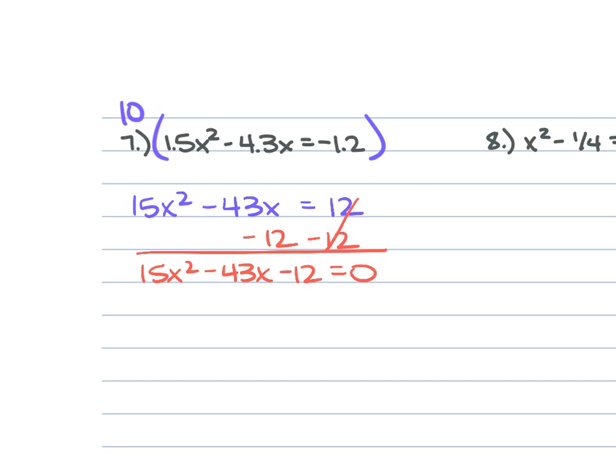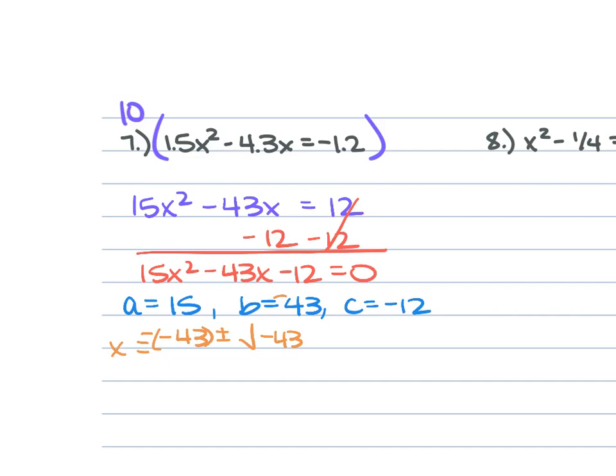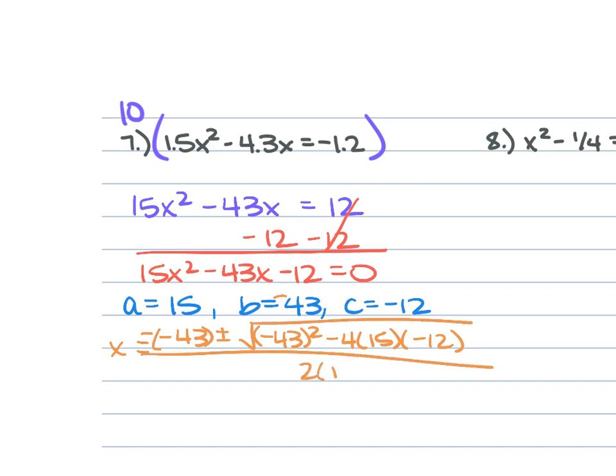And I'm going to use my quadratic formula. So a is 15, b is negative 43, c is negative 12. So x is equal to negative times negative 43 plus or minus the square root of negative 43 squared minus 4 times 15 times negative 12 all over 2 times 15.